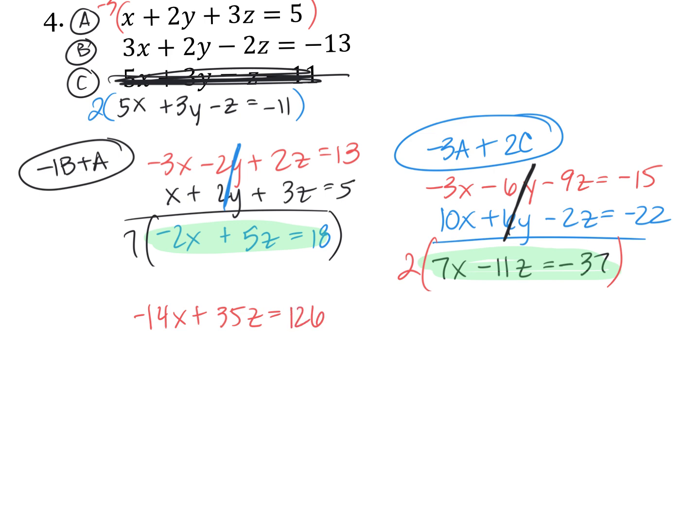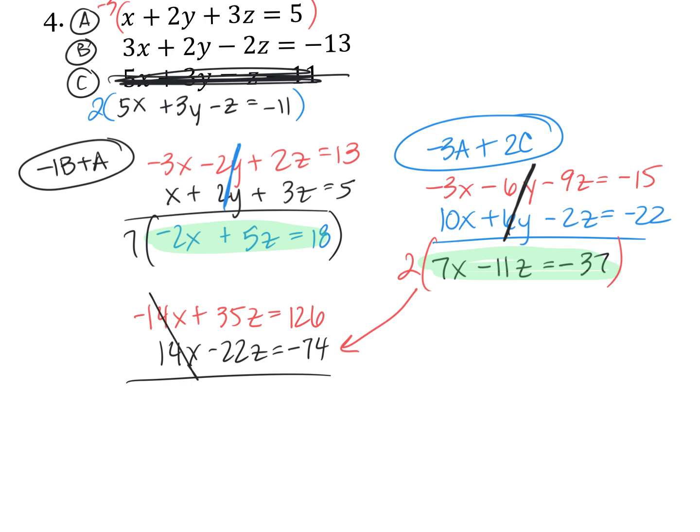Perfect. And then when I distribute the 2 on this one, I'm going to write it right under here. Lil, would you distribute that 2? 14x minus 22z equals 74.